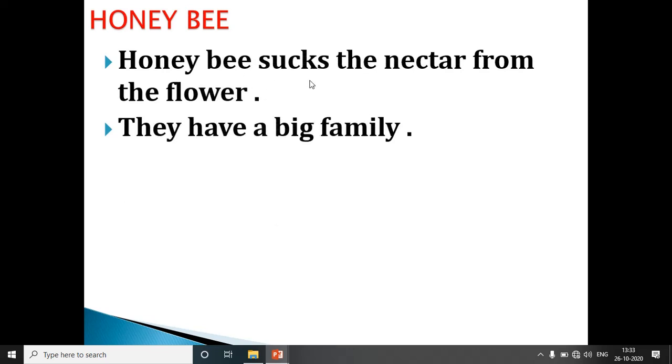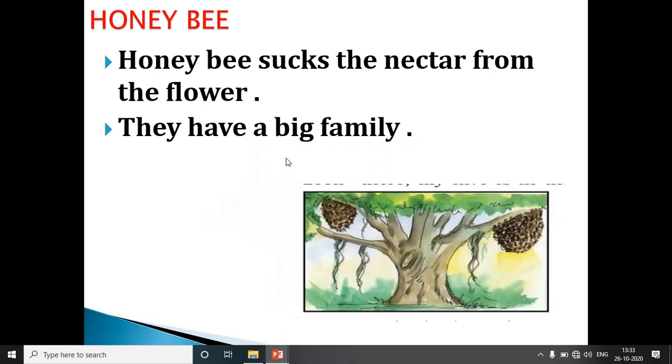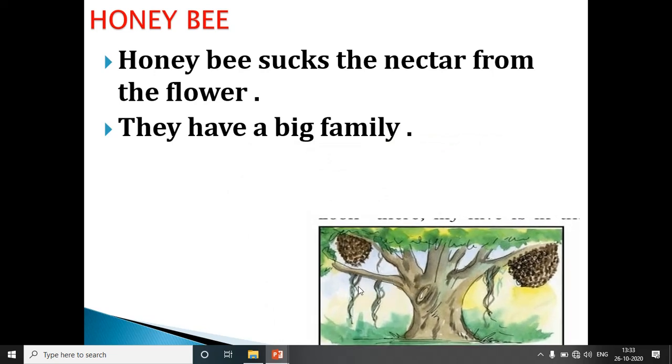Honeybees suck the nectar from the flower, that we know, isn't it, children? Not only that, honeybees have a big family. Like us, even honeybees have a big family. Look at this picture.